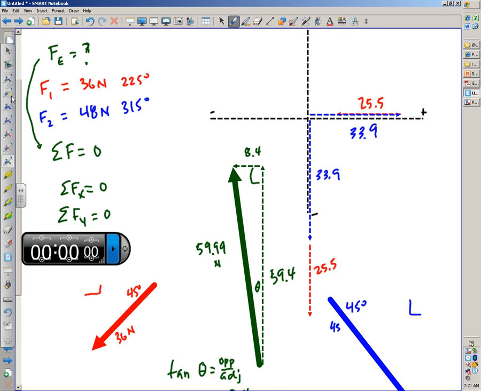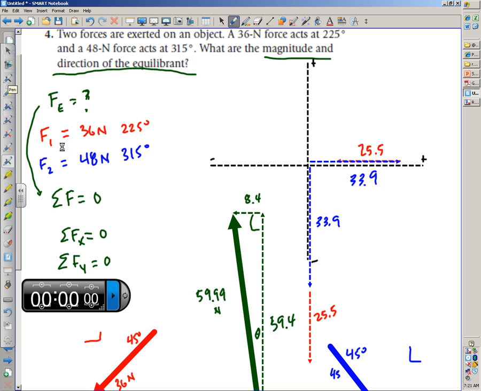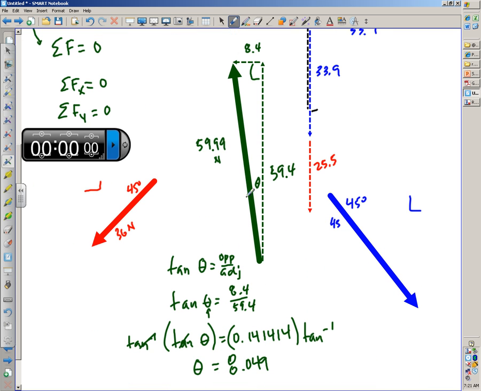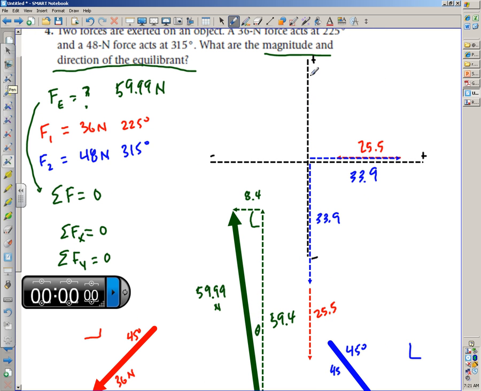So, getting back to our original question, what is the equilibrant? Well, I learned that it had to be 59.99 newtons, and then I learned that the angle at which that force has to act is 8.049, but that's 8.049 from the positive y-axis, which I know is 90 degrees from the x-axis, so that would be 98.049 degrees from the positive x-axis.